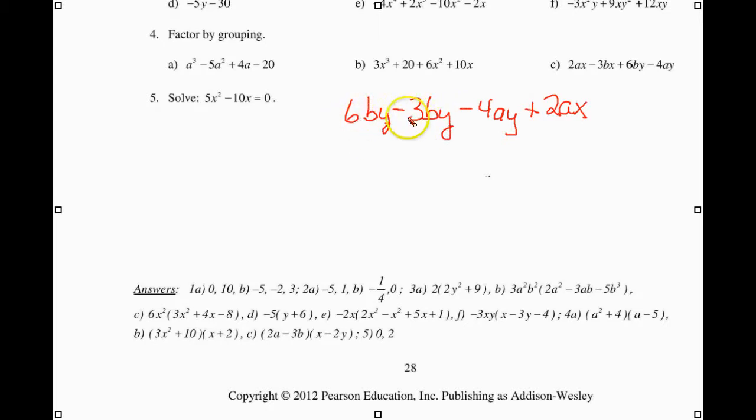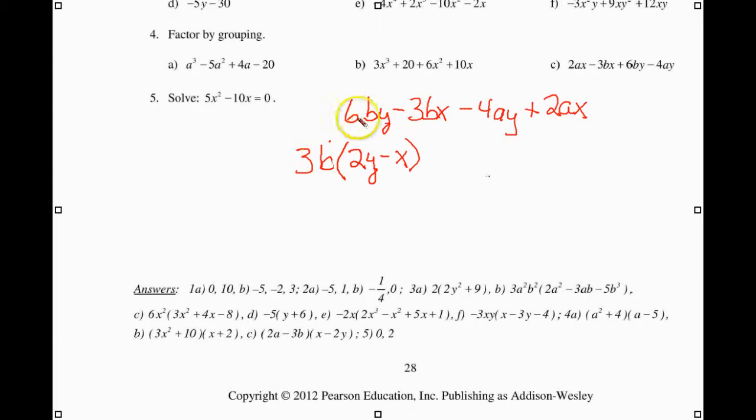But let's work on this one first. So I can take out here a 3, b, and y, I guess I can take out. And if I copy them down correctly here, I had that incorrectly copied.